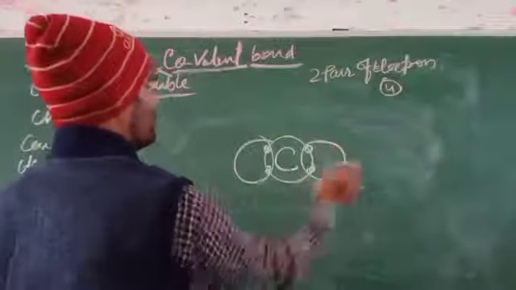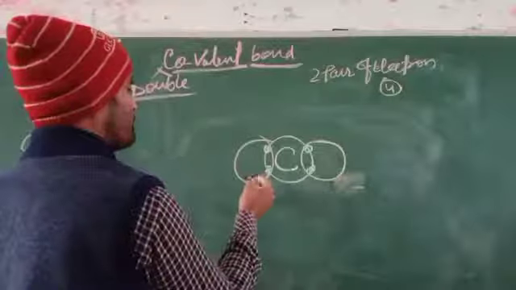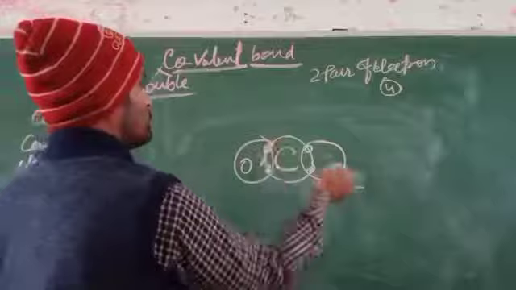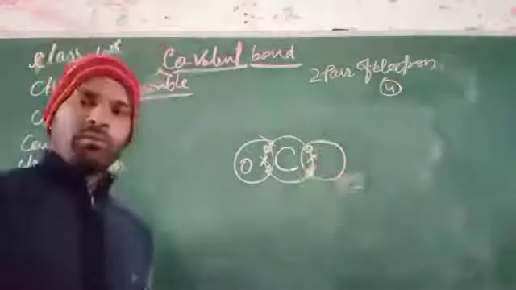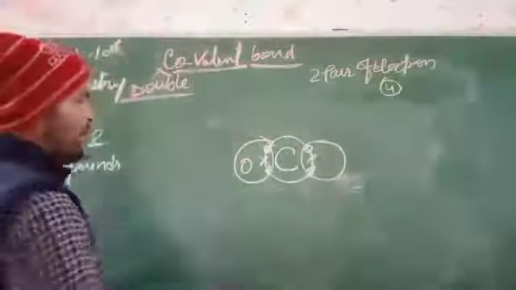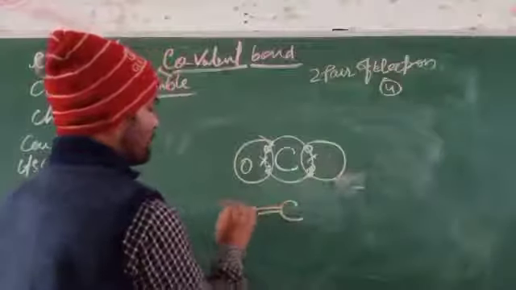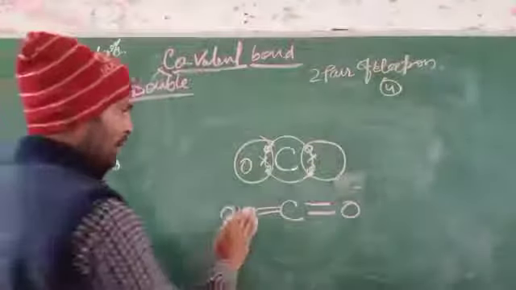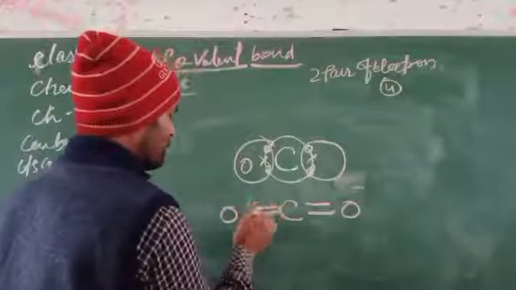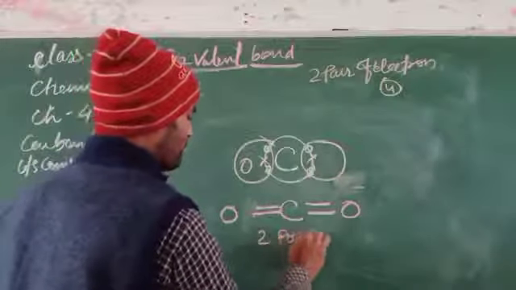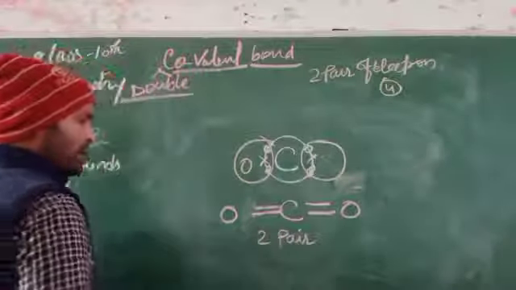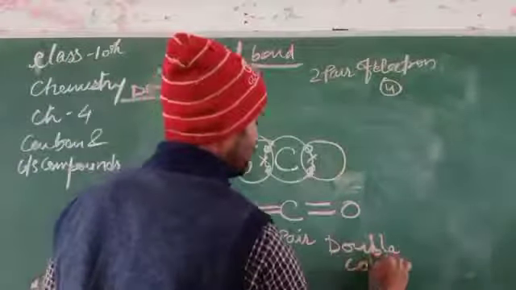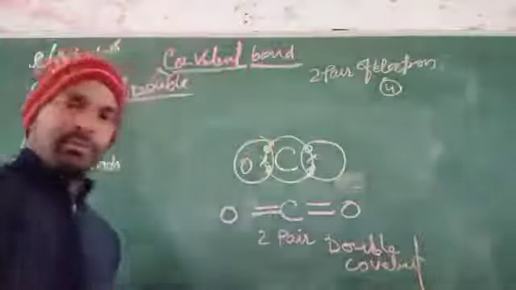Sharing of electrons, oxygen, that 1, 2, 1, 2, 4 electrons. If they share the electrons, this will form a double bond in both cases. And if there is a double bond, there are 2 pairs of electrons, that is a double bond. So that one is called a double covalent bond.